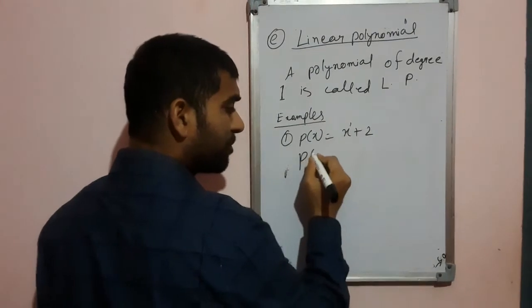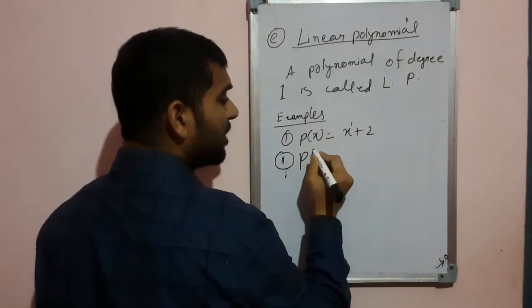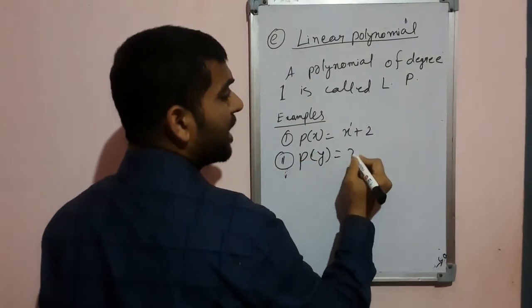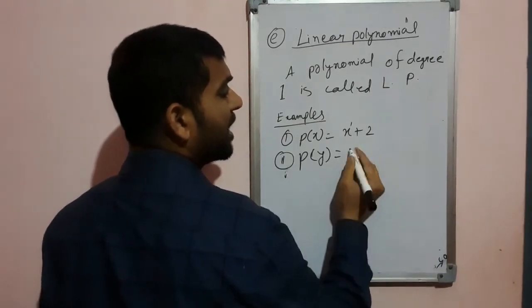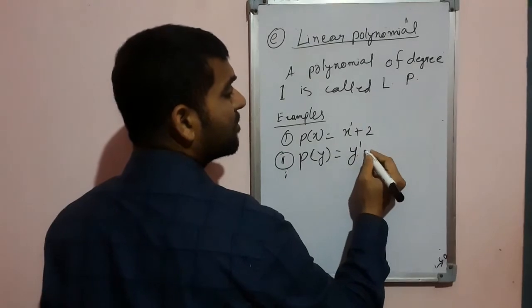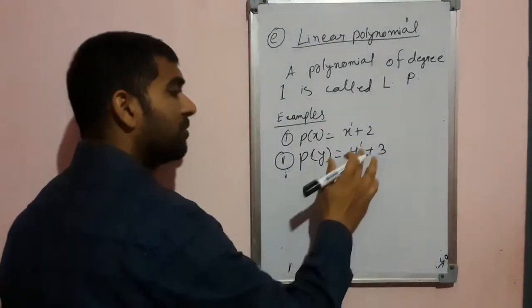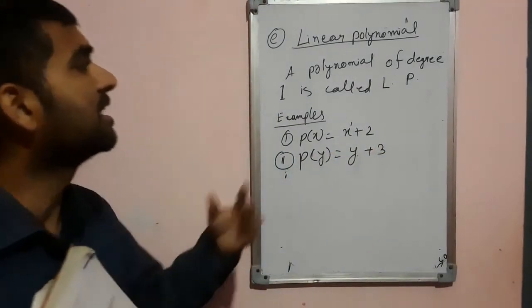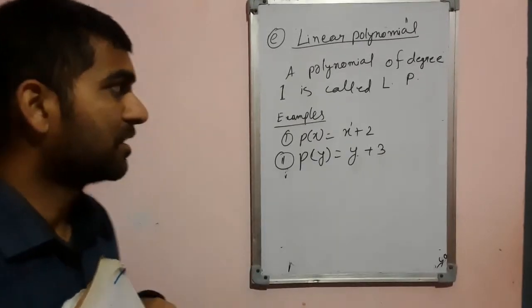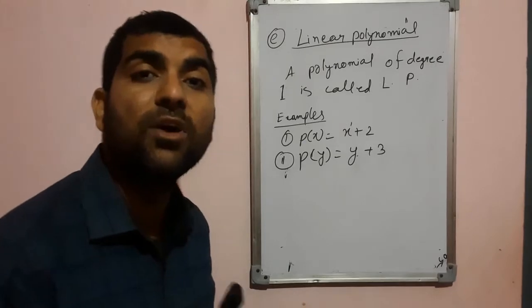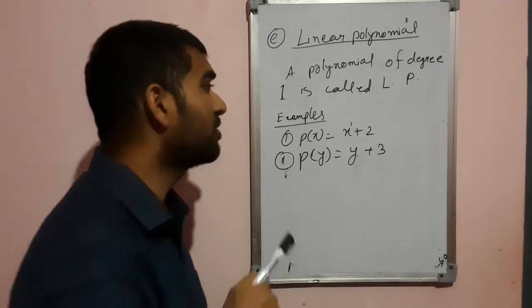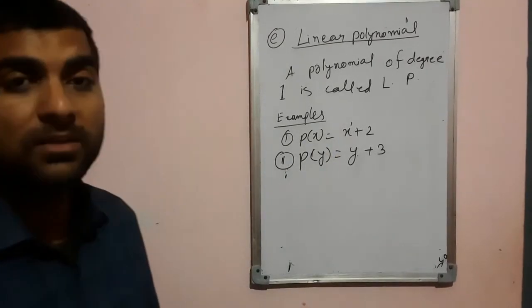We can take one more, p(y) equal to y power 1 plus 3. Or if you write just y, it means a linear polynomial. What is the definition of a linear polynomial? A polynomial with degree 1 is known as a linear polynomial. Examples I have already given here.